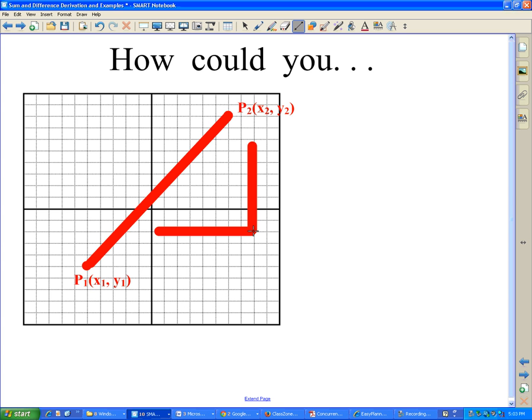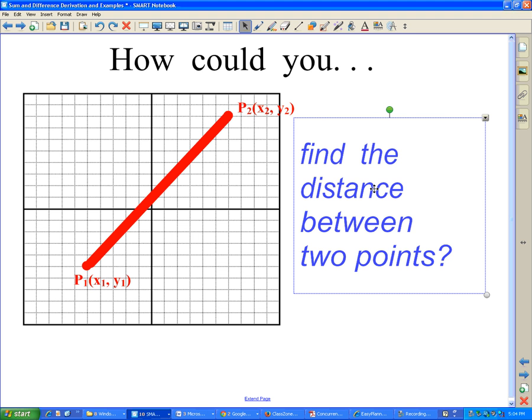If they're directly vertical, we can do the same thing. But when they're diagonally across from each other, it's not quite so easy. But it's actually not that hard either. So how can we find the distance between these 2 points?